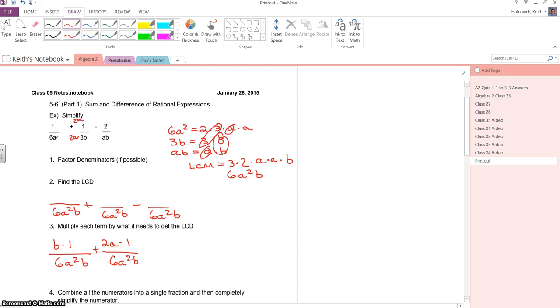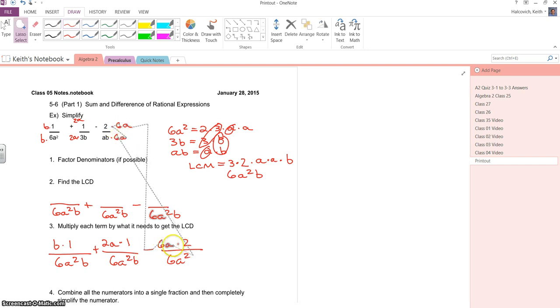Here you just have to multiply b times both of these. And here you need to multiply 6a to get both of those, to get the common denominator. So you have 6a squared b there at the bottom.